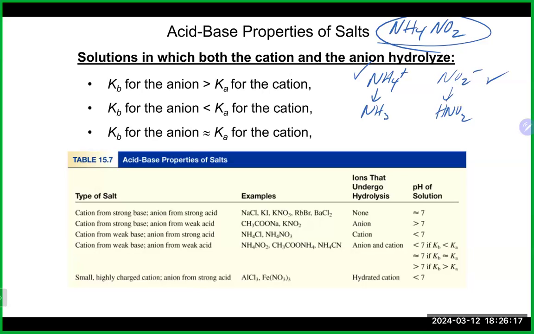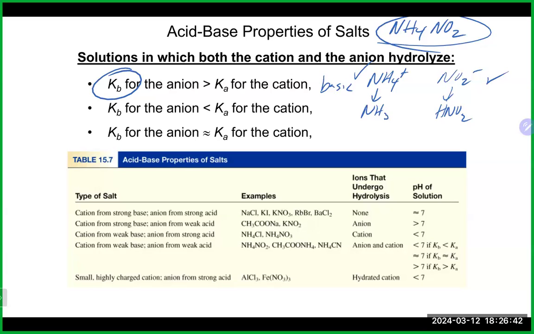Nobody wants to do that calculation of them together. So typically, if you do come across a salt where both parts can go through hydrolysis, we actually compare the Ka value to the Kb value. If the Kb value for the anion is larger than the Ka value, we will assume it will be basic, and you would just do the Kb calculation.